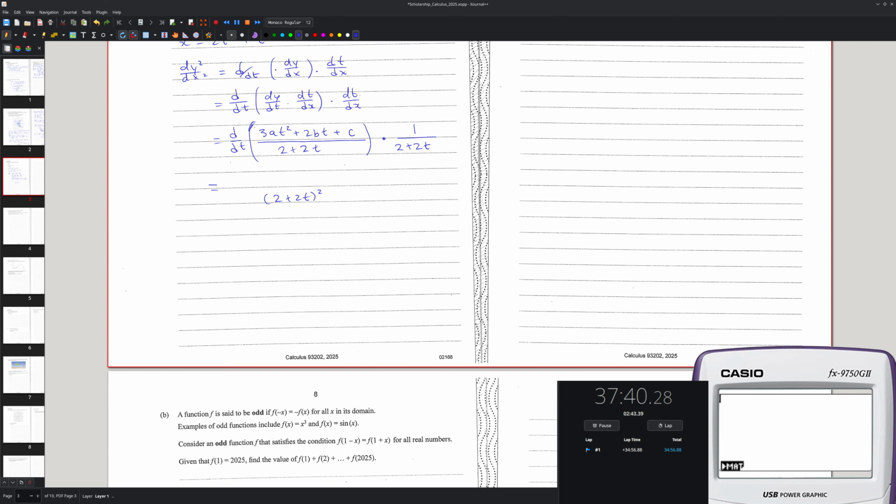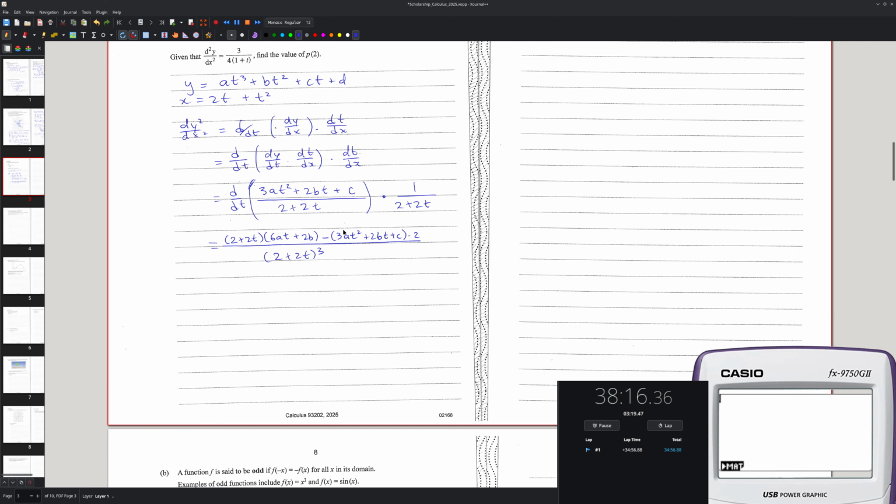Okay, 2 plus 2t times 6at plus 2b minus 3at squared plus 2bt plus c. And that's times 2, right? Yeah, it should be. That's cute. I hope I did this correctly, otherwise I'm just completely cooked.